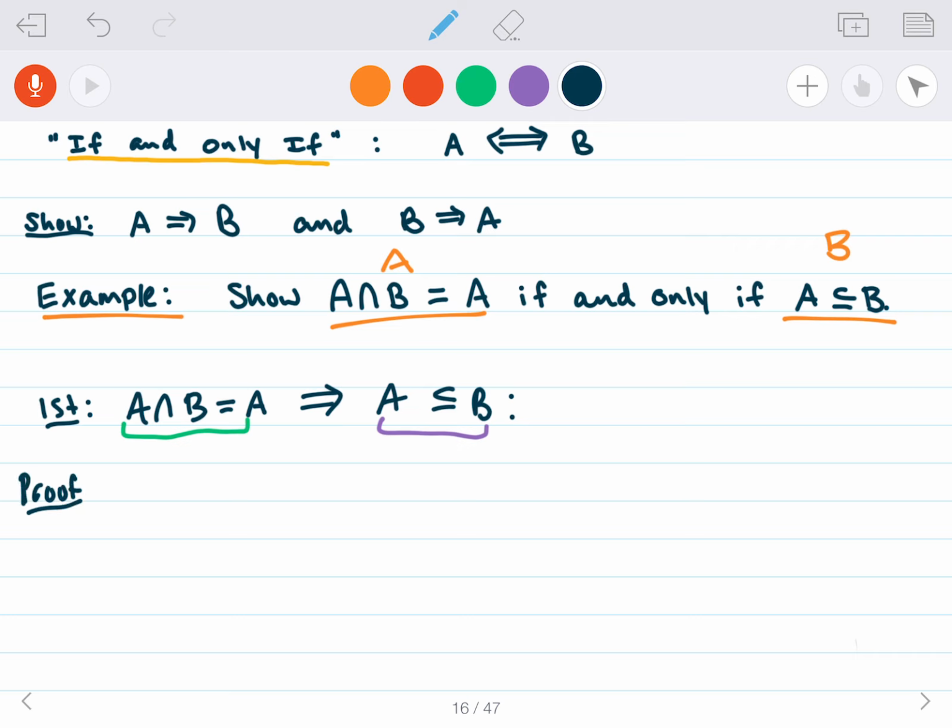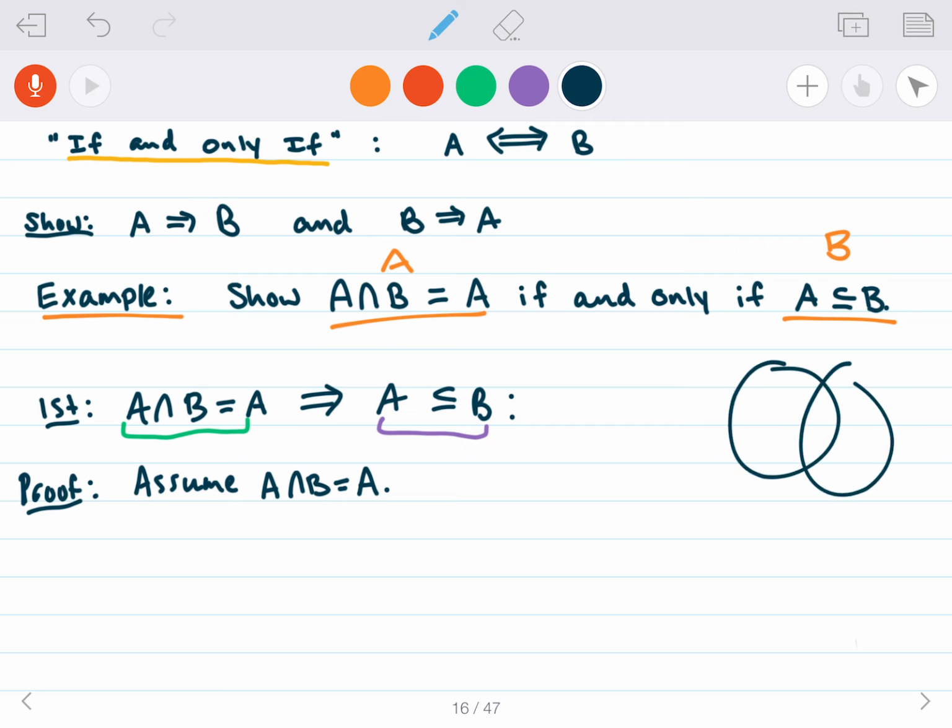Proof. So we're going to assume that A intersect B equals A. And so off to the side, we can draw a little picture here. What does that mean? Well, the only way that A and B are going to intersect and we're going to get A is if A is completely contained in B, right?